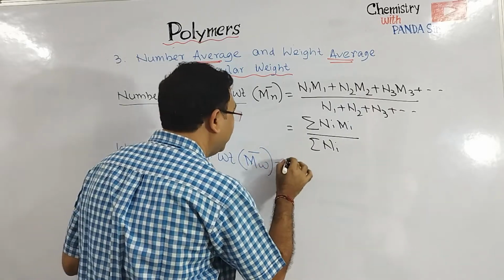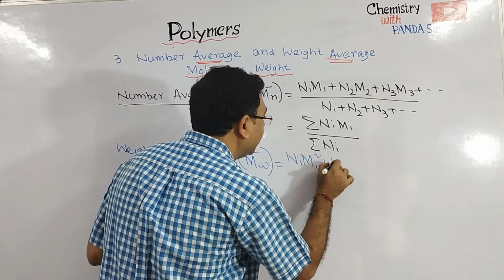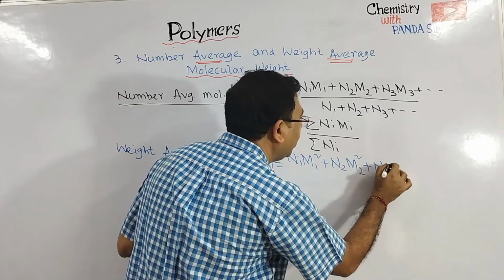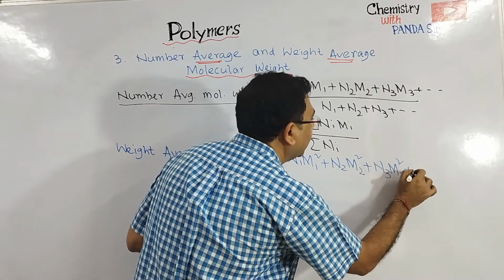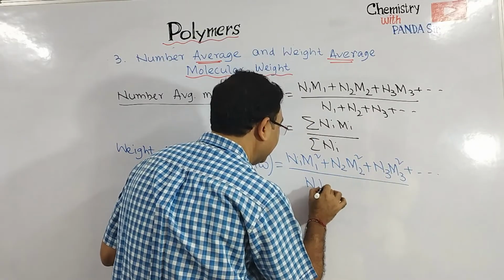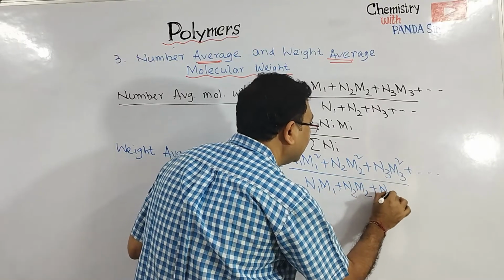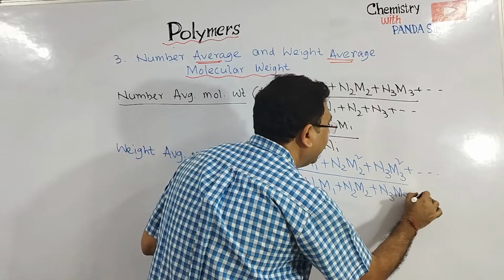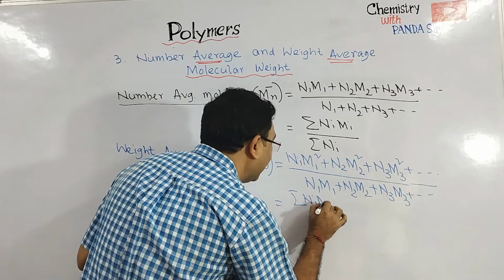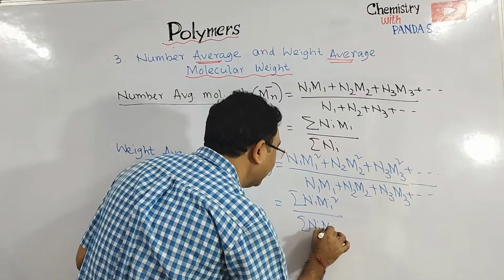Okay, and the formula is N1 M1 square plus N2 M2 square plus N3 M3 square plus so and so forth, and then we can take N1 M1 plus N2 M2 plus N3 M3 and so on and so forth. So in short, we are going to write summation of Ni Mi square divided by summation of Ni Mi.